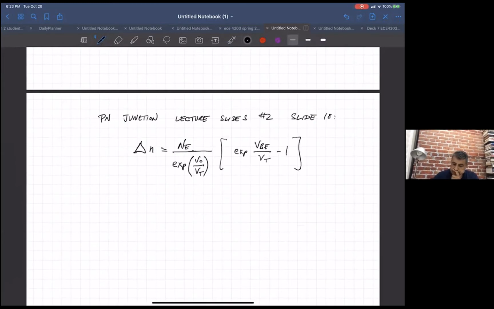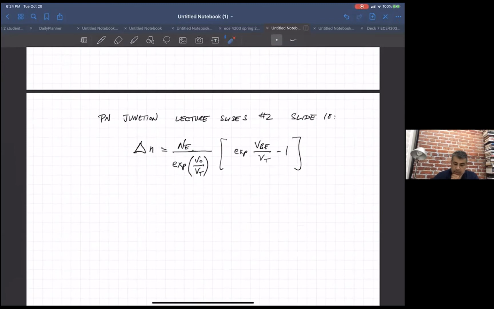So this equation described, if you had a PN junction with a certain doping concentration Ne on the N side and a certain forward bias voltage, what would be the difference in the number of electrons that would show up on the P side through diffusion across that PN junction.